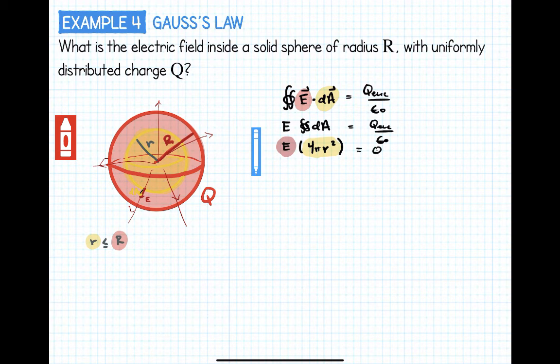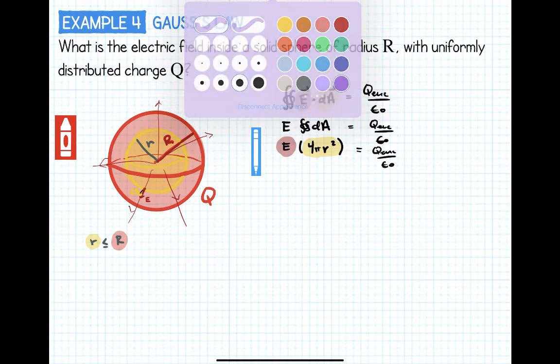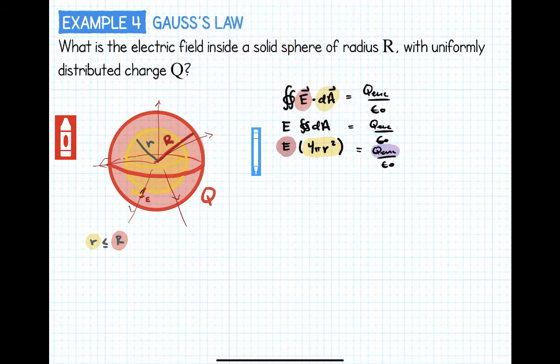But now we get to this Q enclosed over epsilon naught, and Q enclosed now is a little bit more complicated than it was before. So let's talk about Q enclosed. Q enclosed in this case is going to be all of the charge from the red sphere that's now inside the yellow sphere, okay? And that is something that's a little bit different than what we were dealing with before.